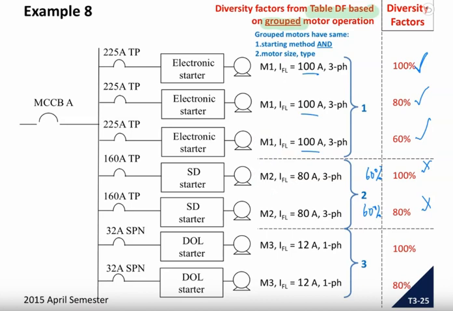So rather than taking that this is 60%, because these are the remaining, we have to start at 100% again. So just take note that we have to start at 100% again. And the next one will be 80%. So in the same principle, when we come to the third group of M3, we restart at 100% and the next one will be 80%.